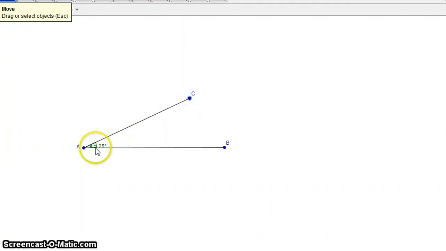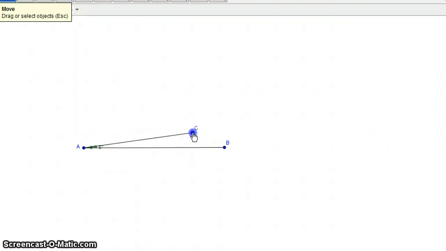So the angle becomes smaller as the arm AC gets closer to AB. So I bring it further and further, so it's now 19, 17 degrees, 14 degrees, 11 degrees, and so on. And when it's exactly overlaid with AB, it is equal to 0. So there is no turn around this point by the arm AC.